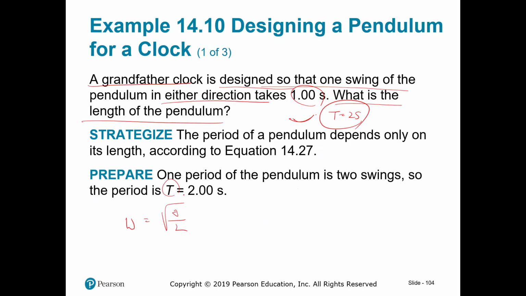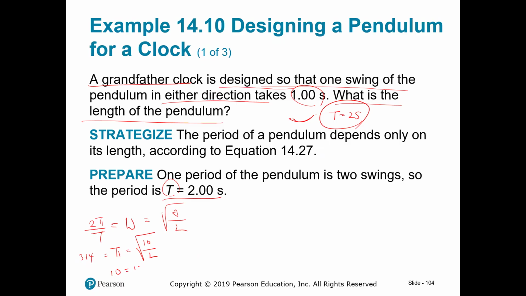Again, you have to express this omega in terms of T, which is 2 pi over T, right? So your T is 2 seconds, so the left side is pi, equals root g over L. We know g is roughly 10. So you know this is 3.14. So if you square both sides, 3.14 squared is roughly, I would say 10.